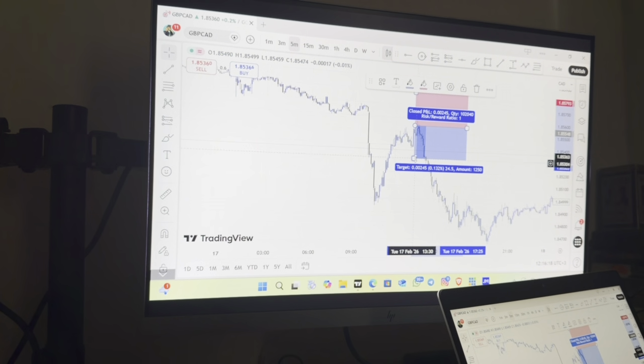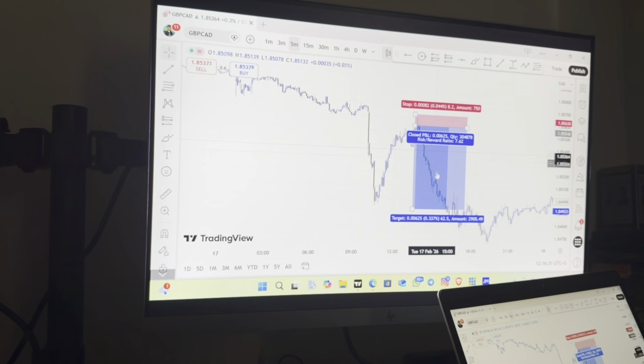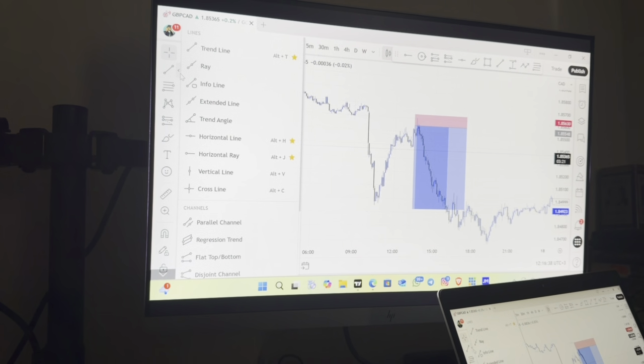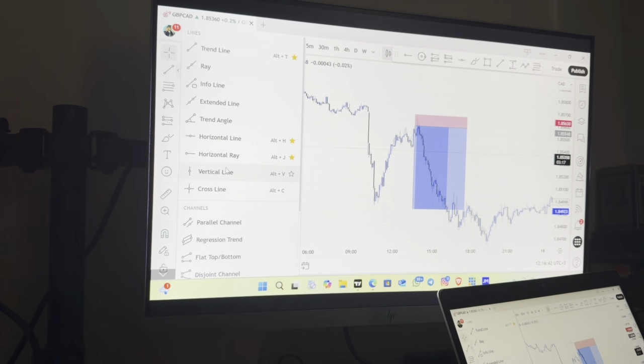Do your short. The same thing, adjust your stop loss. Obviously, your stop loss should be smaller than your take profit. Your take profit should be big. This is the tool we use to go in for sales.